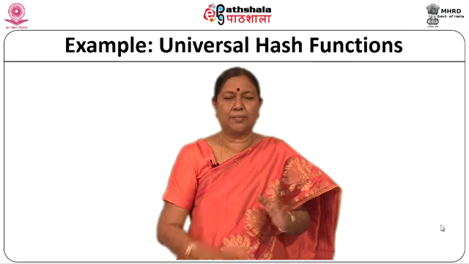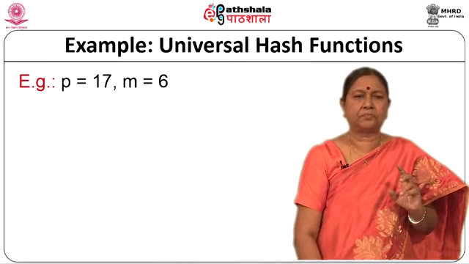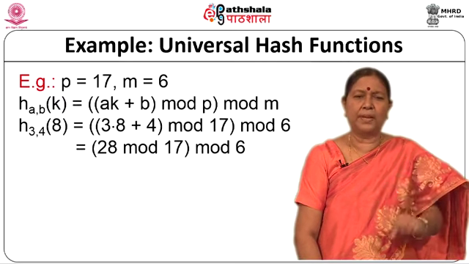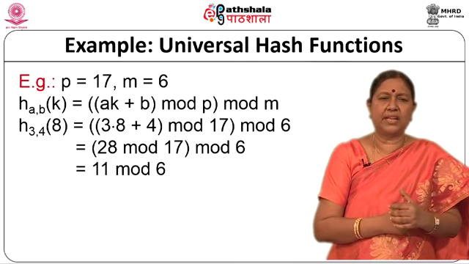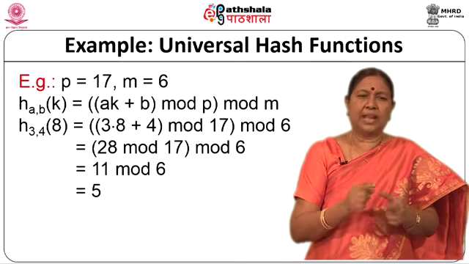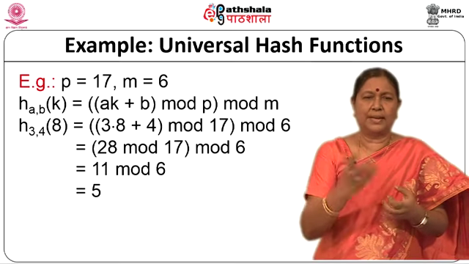So, let us take an example. Let us assume p is equal to 17 and m is equal to 6. So, h of a b k is equal to a k plus b mod p mod m. Let us assume we have 8 as the key, and a is chosen as 3, b is chosen as 4, and it has to be less than 6.